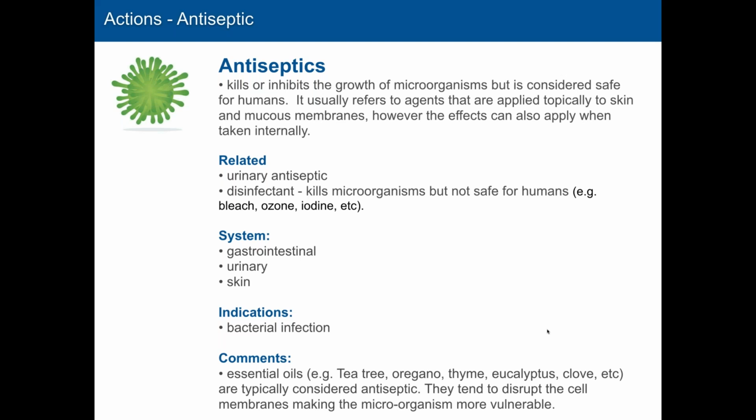And so things that are rich in essential oils, or just extracted essential oils like tea tree oil and oregano oil, the way that they work is those essential oils tend to disrupt cell membranes and make the microorganism more susceptible to breaking apart, lysis.